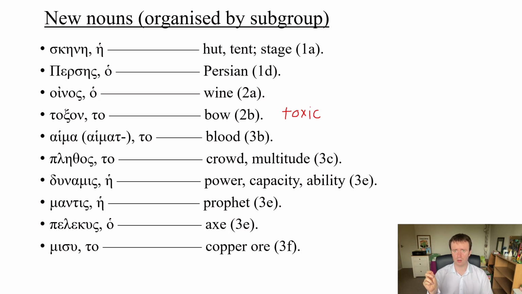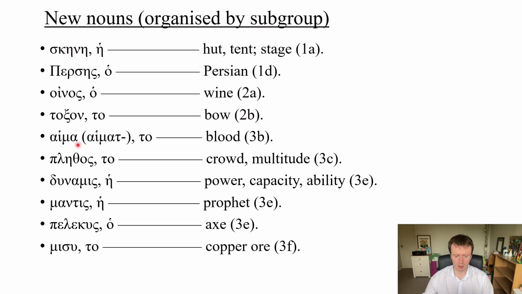And toxikos was applied to the noun pharmakon. Pharmakon means poison or drug, and if you apply the adjective to it, you get the phrase pharmakon toxikon, which means a poison for the bow. And this was the poison that was smeared on arrows to make arrows poisonous. And so that's where the link to poison comes from. So I hope that helps you to remember that toxon means bow.